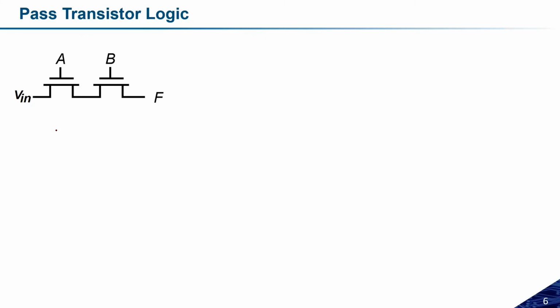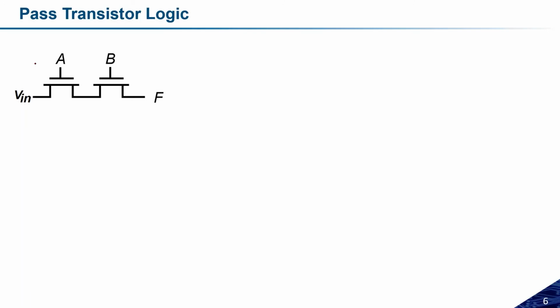So you don't need an additional supply voltage. Even the inputs A and B can act as a supply to power these kinds of circuits. This is one of the greatest benefits of pass transistor logic.